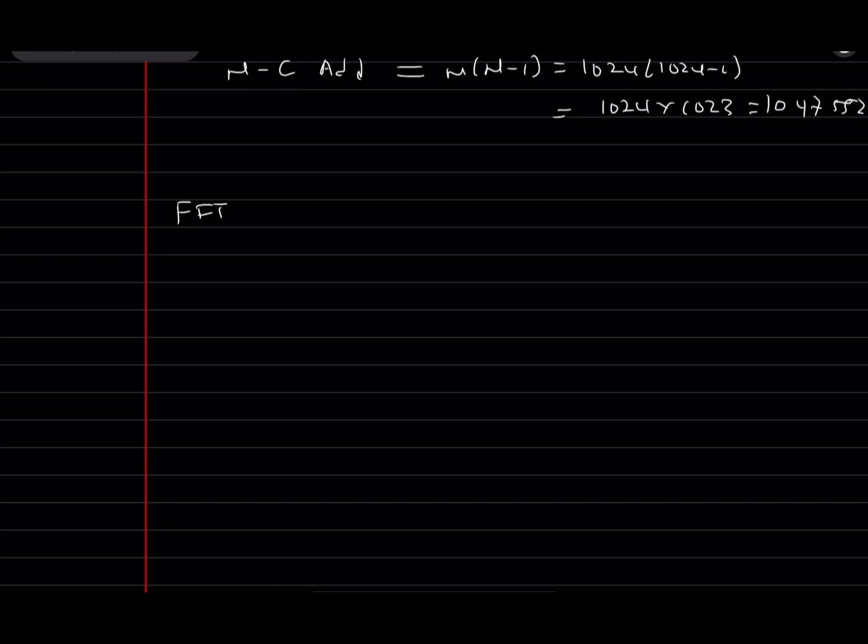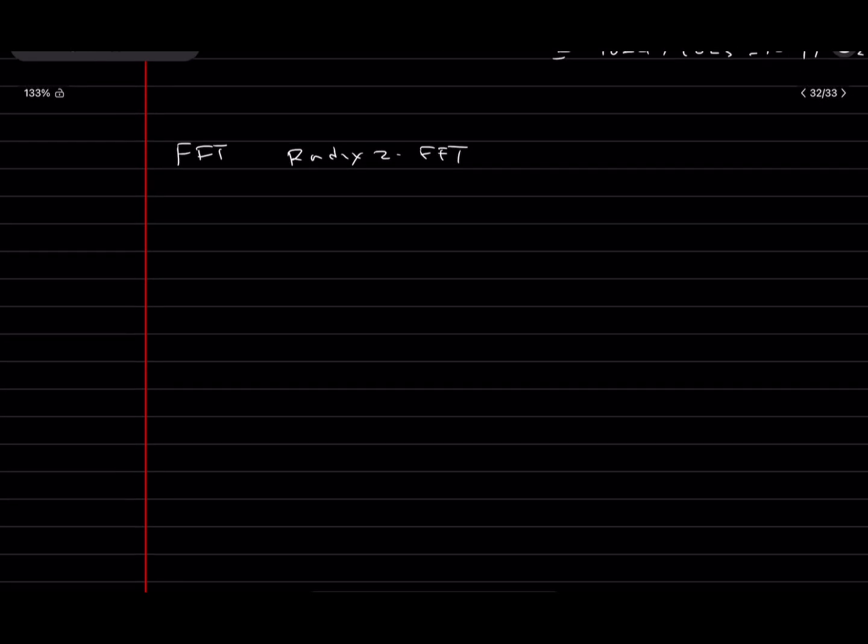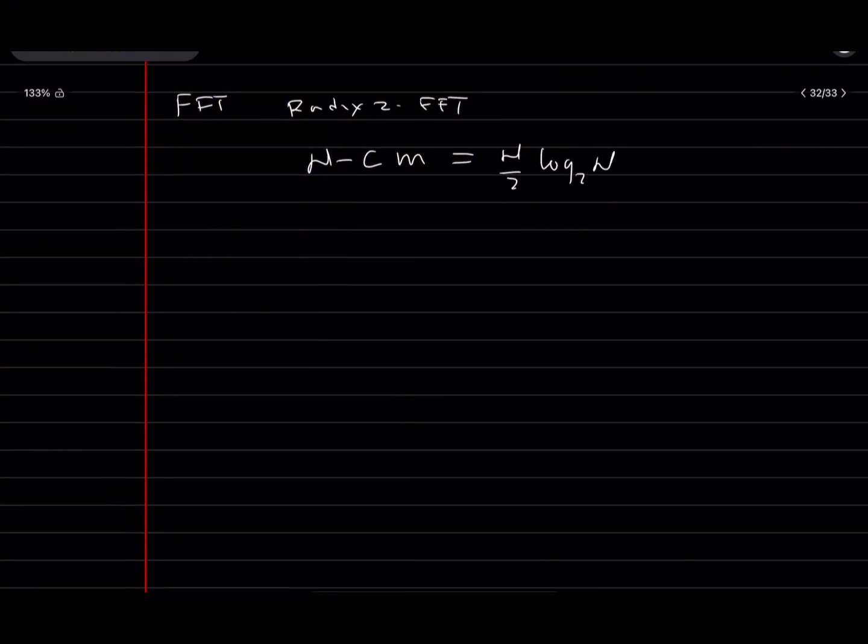Now if we look at the fast Fourier transform, in terms of the radix-2 FFT, when you look at the number of complex multiplications, we are going to get (n/2) log to the base 2 of n.